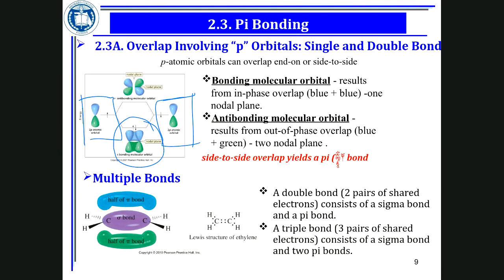And you see this little space between the blue and the green loops of the p orbital, even in the bonding orbital. I'm going to point to it with the red color right here, you have some space, okay?